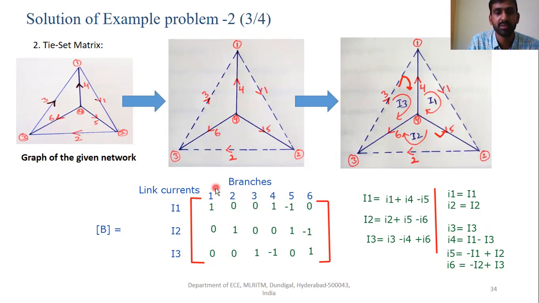So how have we obtained this? With respect to column 1, this is i1. Small i1 is equal to capital I1, the remaining two are 0. What about small i2? This is branch current 2. Only I1 is 0 and I3 is 0, so branch current 2 is equal to loop current 2. Branch current 3 is equal to loop current 3.